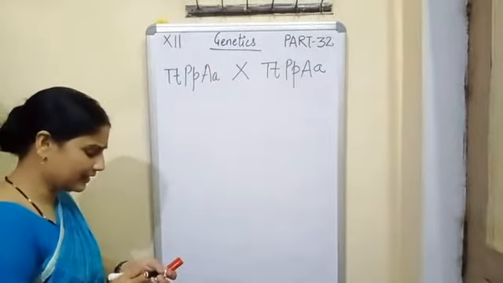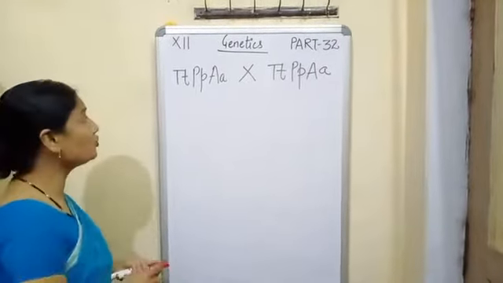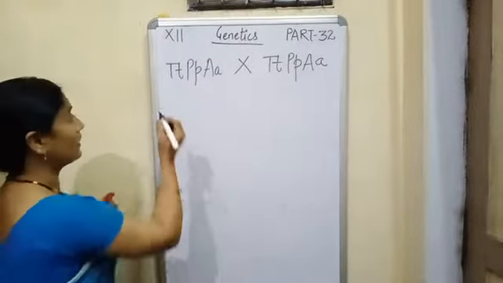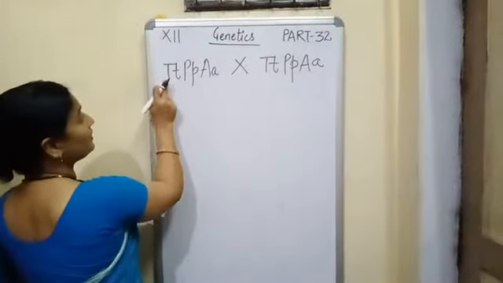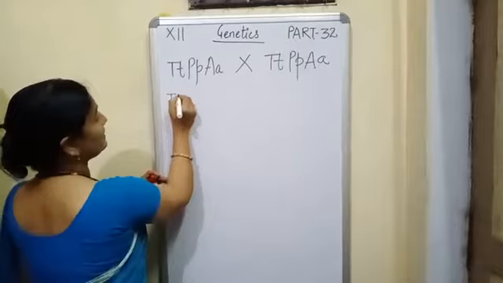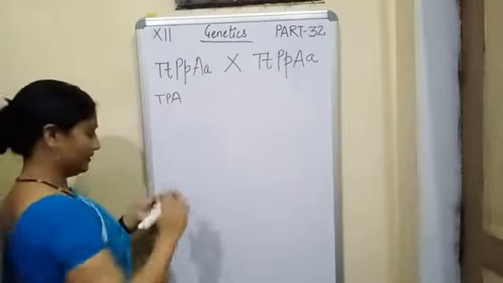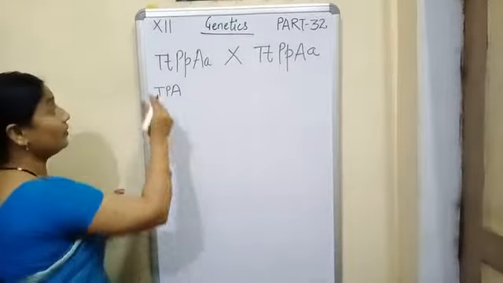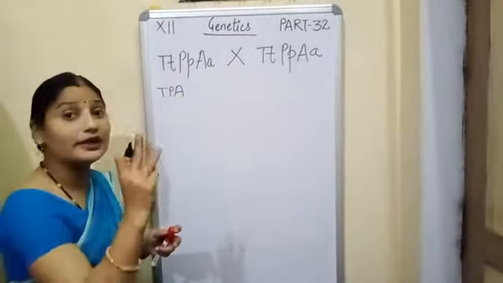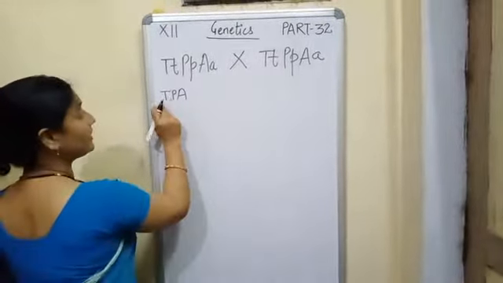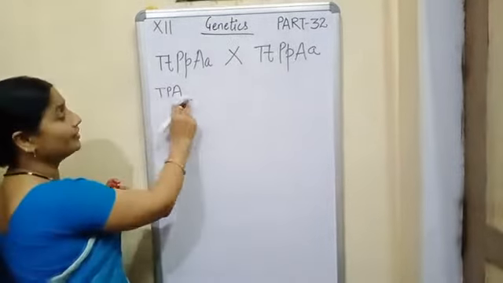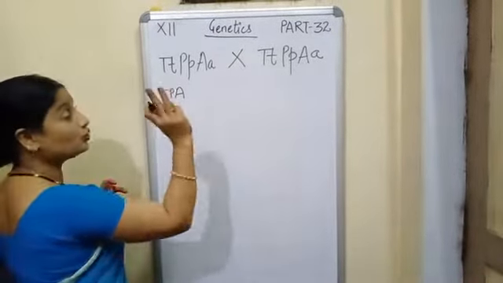Now, one basic and important point to note down: for the gametes, you take the capitals first. T, P, A. Clear? Now, take at least 2 dominant and 1 recessive. 3, I have taken all the 3 as dominant. Now take 2 dominant.